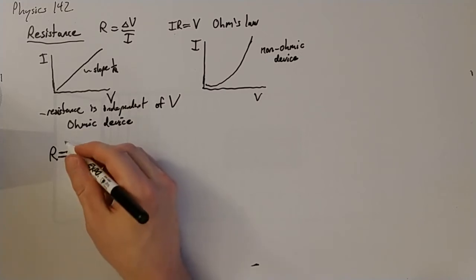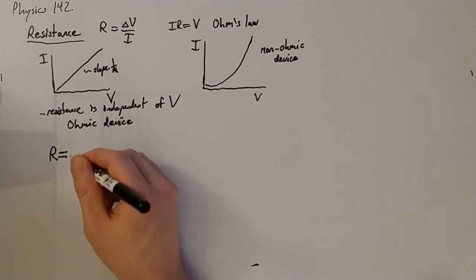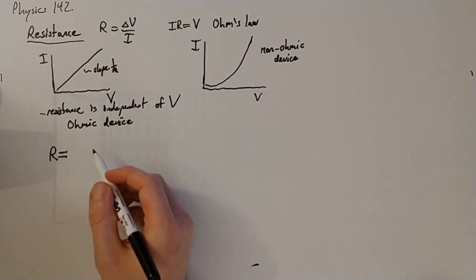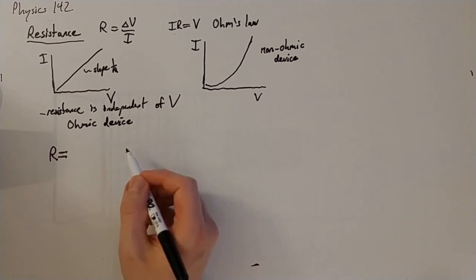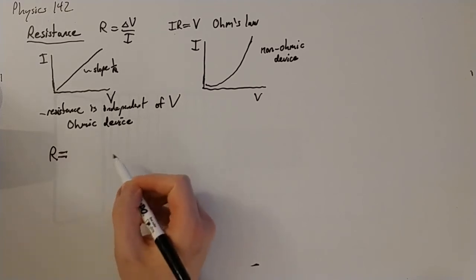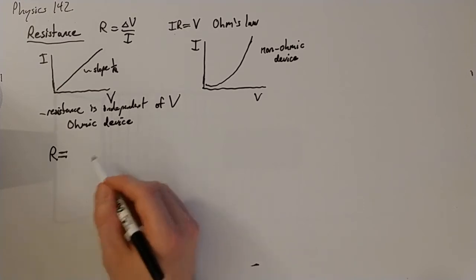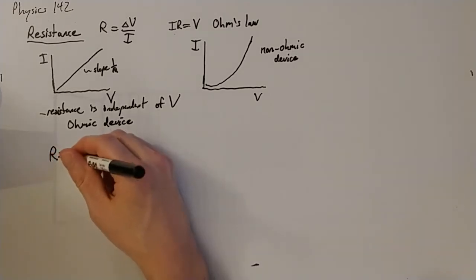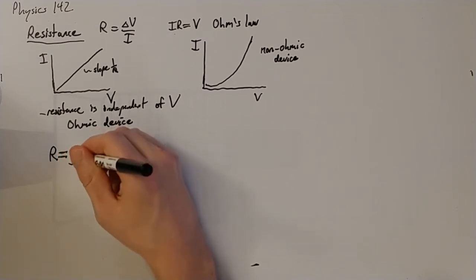Well, if we think about it, clearly the resistance is going to depend on what kind of material we have. If we have some sort of conductor, then it will have very low resistance, right? Current will flow through it really easily without losing very much energy, as opposed to more insulating materials, where we expect to have a lot of resistance, right? Current won't want to flow through it very easily. So we quantify the amount that an object is a conductor versus an insulator using the letter rho.